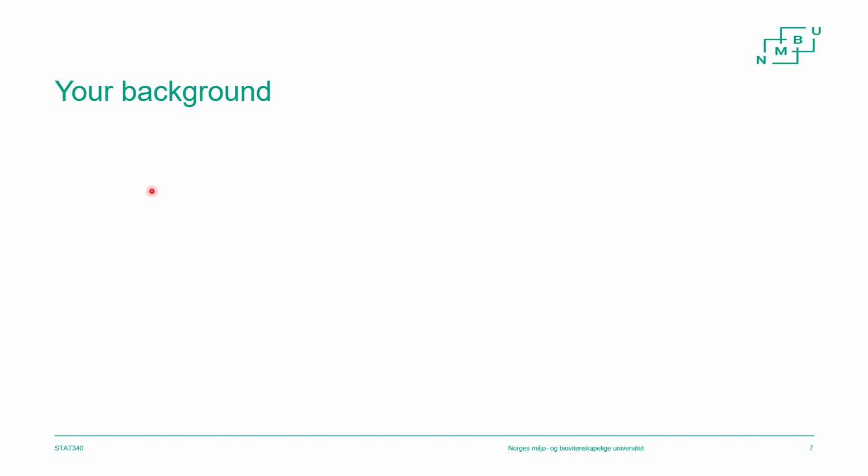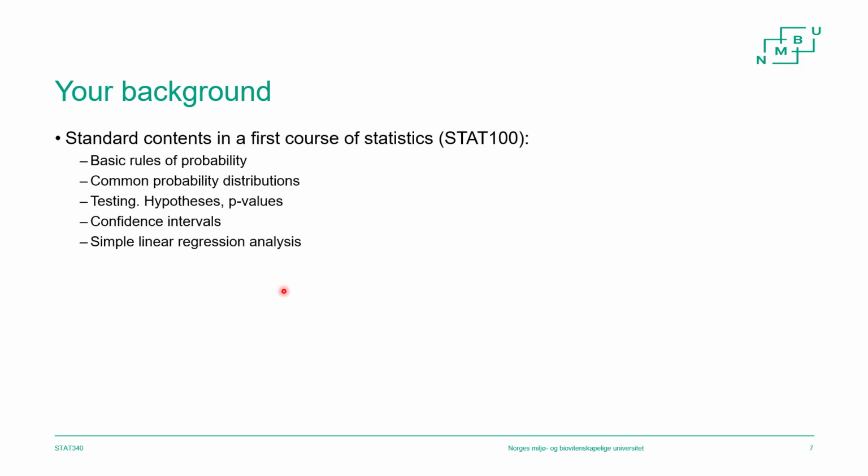Okay, what is required of your background for taking this course? Well, first of all, you should have some background in basic statistics, like the STAT340, which is the beginner's course here at NMBU, or something similar from another university. I guess the beginner's courses in statistics are pretty similar across the world. So they contain some topics here.